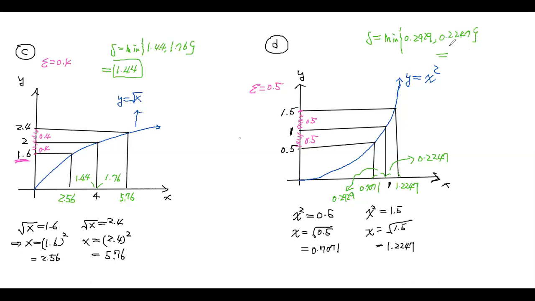So does my delta exist? Yes, my delta is 0.2247. Okay, this is how, by the graph, you can try to use what we call the precise definition.